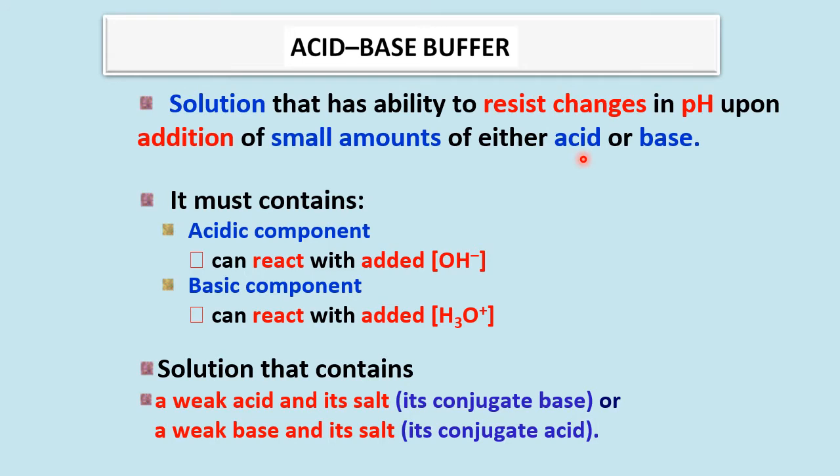But this solution has the ability to resist changes in pH upon addition of a small amount of strong acid or strong base. The solution must contain an acidic component and a basic component, because the acidic component can react with the added strong base or hydroxide ion, and the basic component can react with the added strong acid, the hydronium ion.